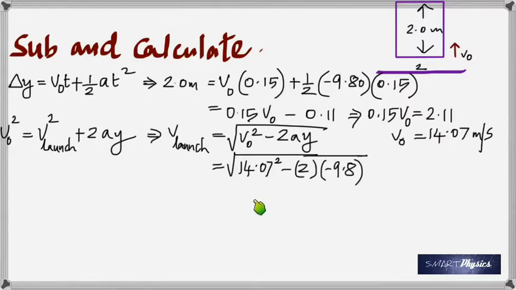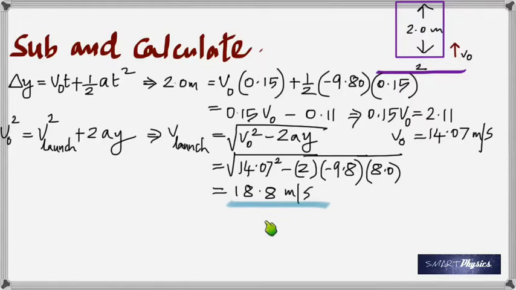That's what you got just now. And you get 18.8 meter per second. Now that we have the launch velocity, we can go back and find. Now remember, that was one of the questions that was asked, and that's answered.